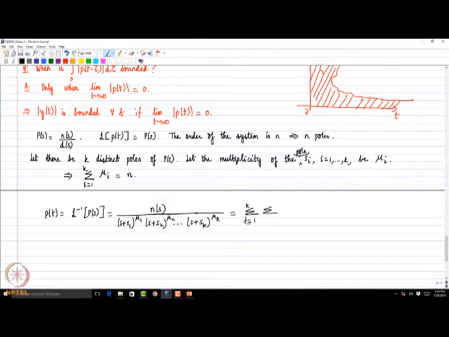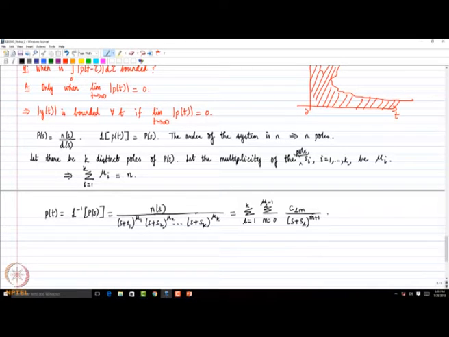Let me call it: sum over L going from 1 to k, and M going from 0 to mu L minus 1, some C_LM, which is the residue, divided by (s + sL) to the power M plus 1. That's what is going to happen.